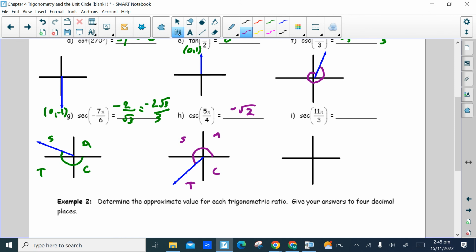The last one, the secant of 11 pi on 3. So that's a positive angle. Sant, how many pi on 3s have we gone around with one revolution? How many pi on 3s? It'll be 6. How about another one?